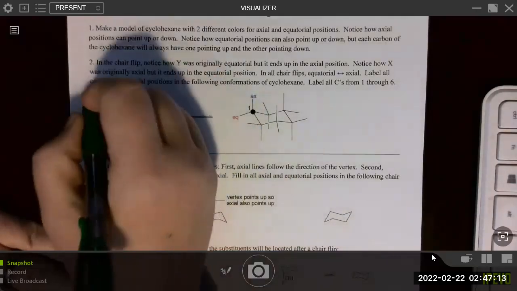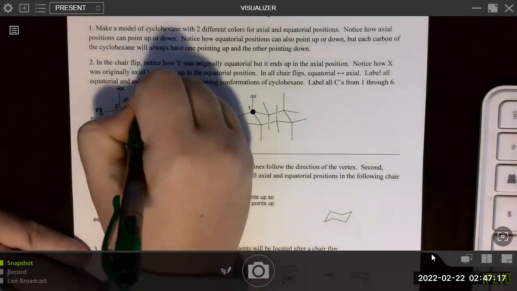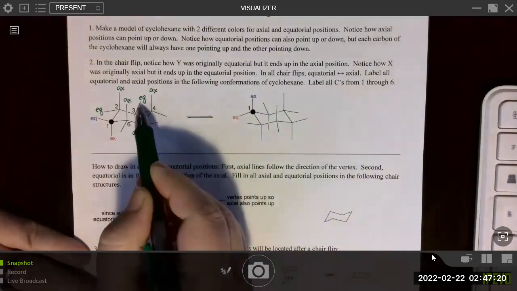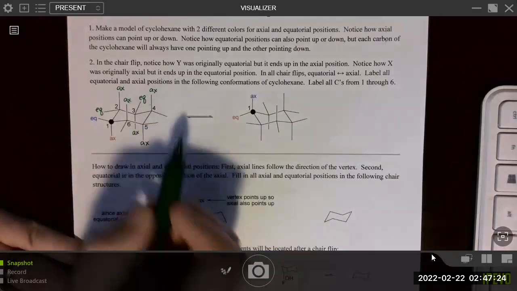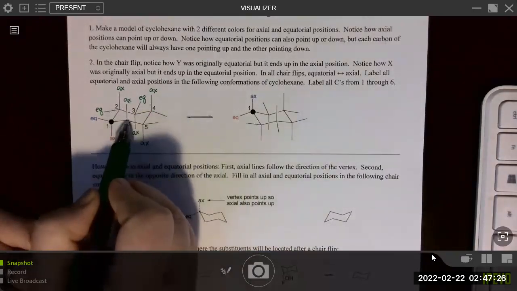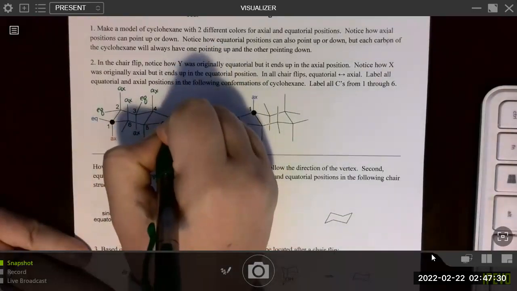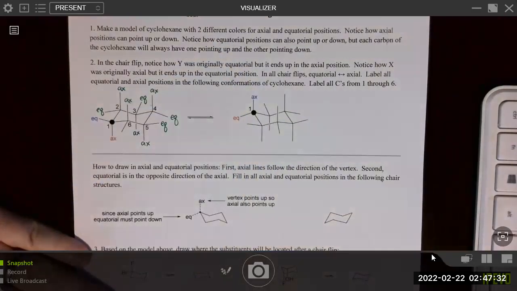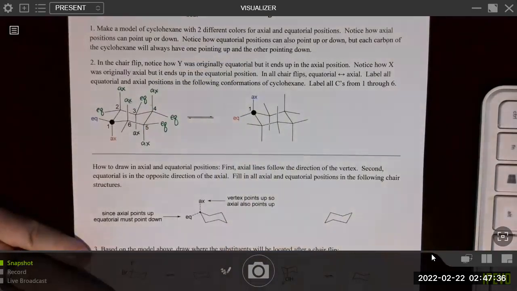And so we're going to label that equatorial, and equatorial. Again, this line parallel to this line or this line. This line should be parallel to this line or that line. And so you'll see the equatorial positions should all be drawn parallel to lines that are one bond away in the ring.